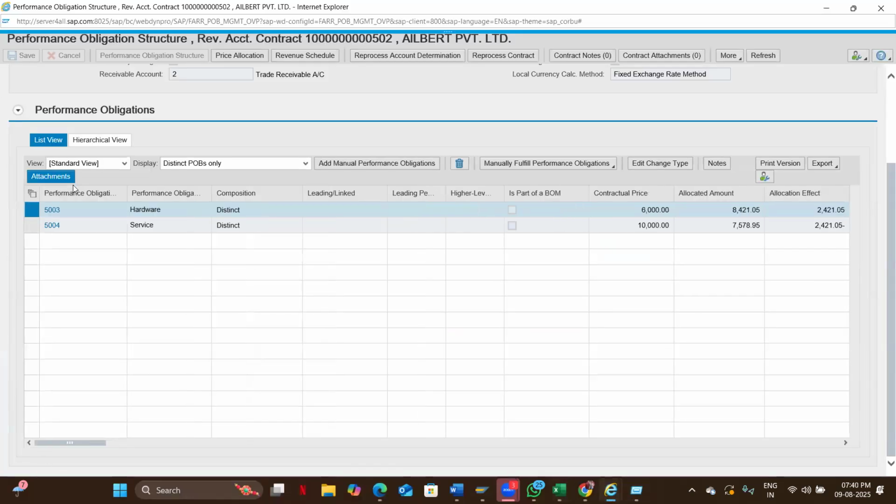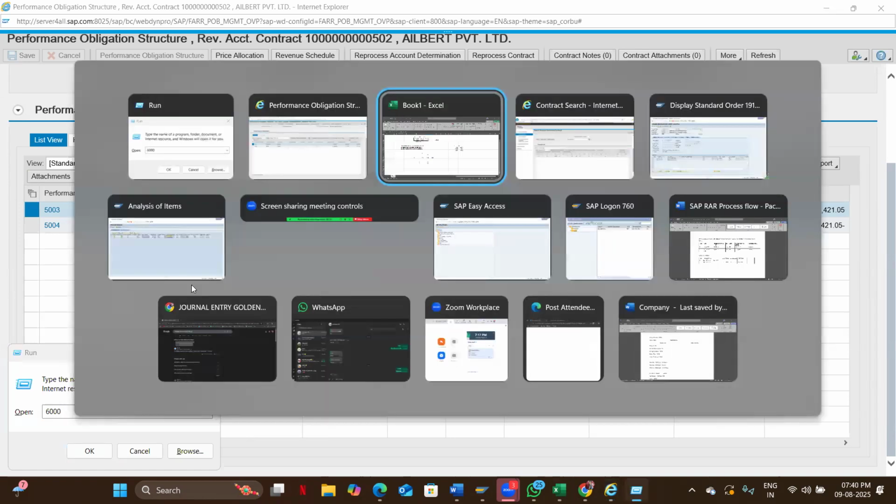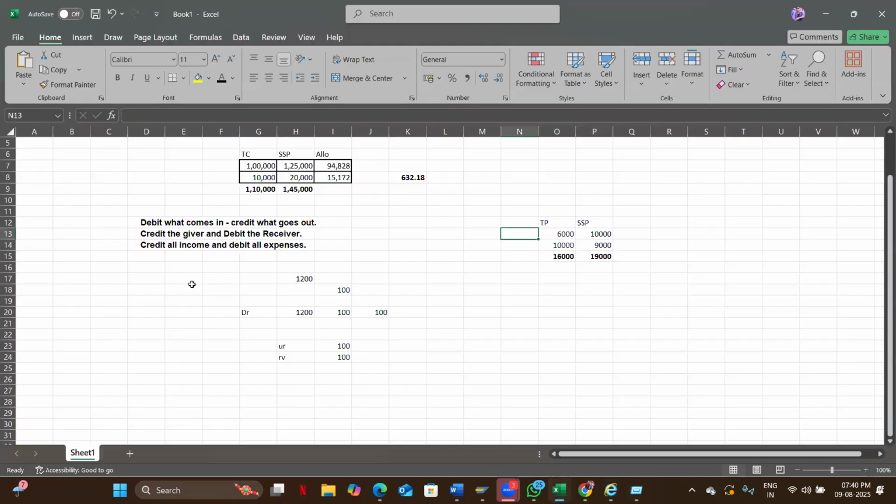First is the hardware item, second is the service.